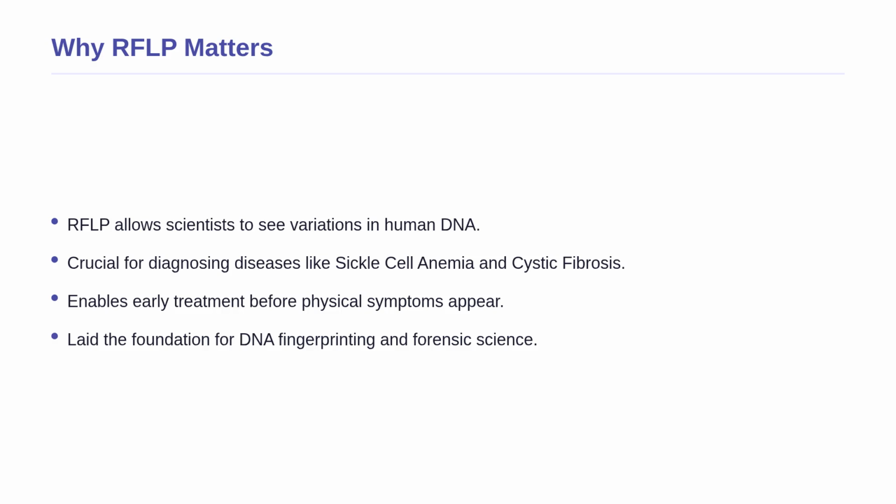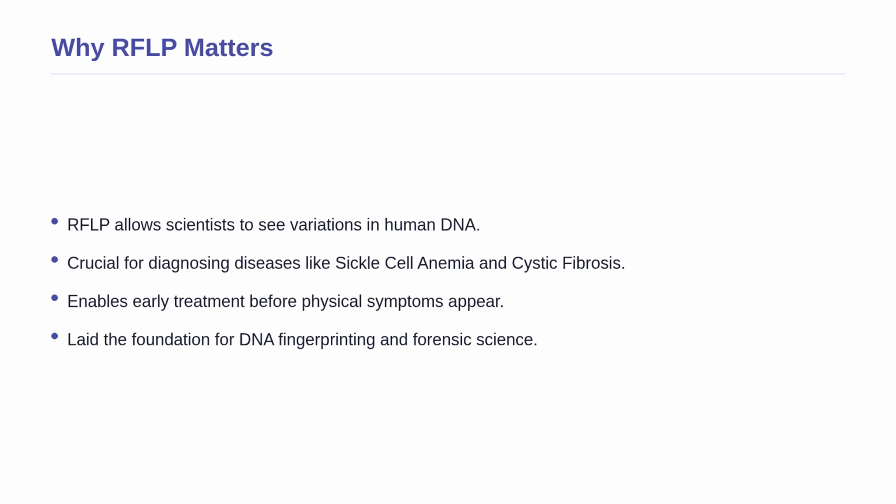You might be wondering, why does this concept matter so much in the real world? RFLP was actually one of the very first tools scientists used to literally see variations in human DNA at a molecular level. It is absolutely crucial for diagnosing severe genetic diseases, such as sickle cell anemia and cystic fibrosis, long before a patient shows physical symptoms.